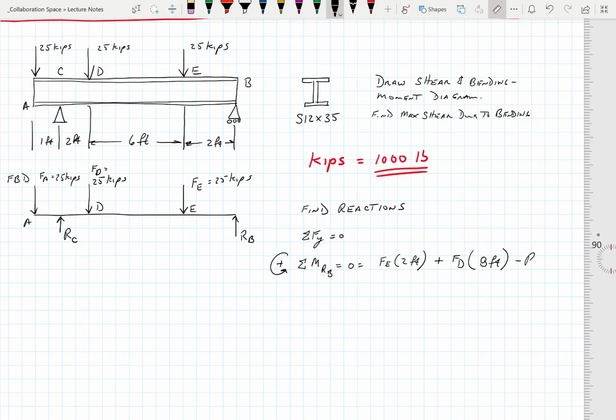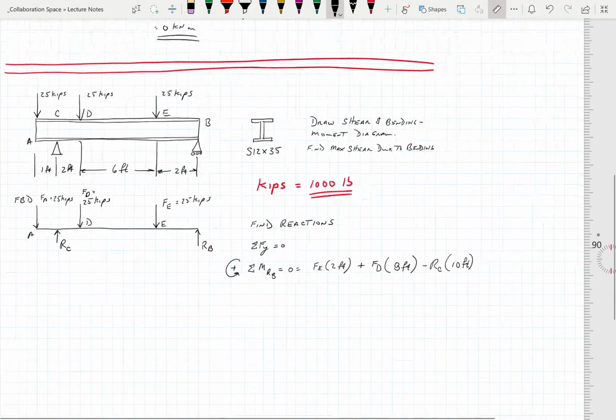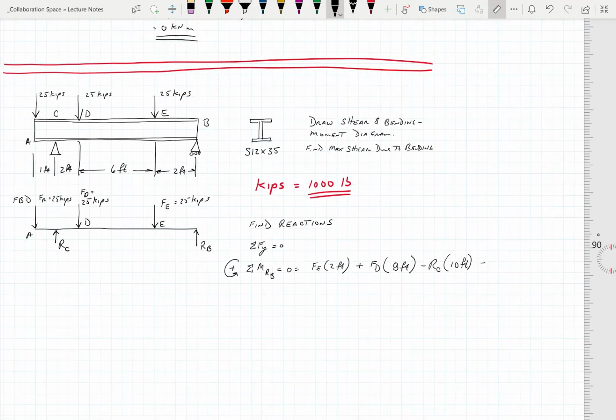That's a minus. That one's going to go clockwise. And that's going to be 2, 4, 8, right? Or 10. Okay. And then the last one out there is FA, and that's a positive, and that's going to be at 11 feet.